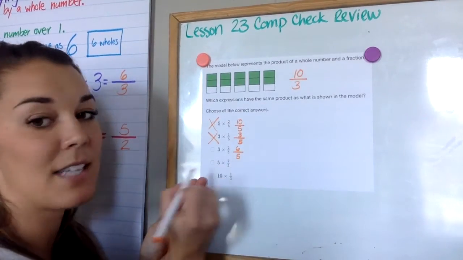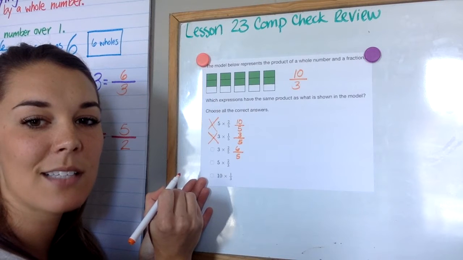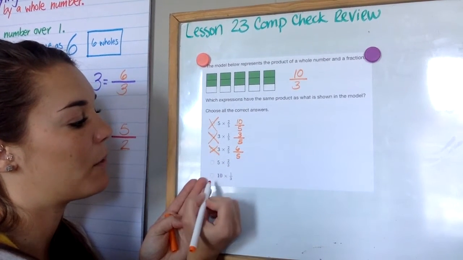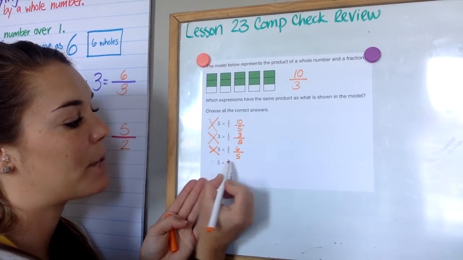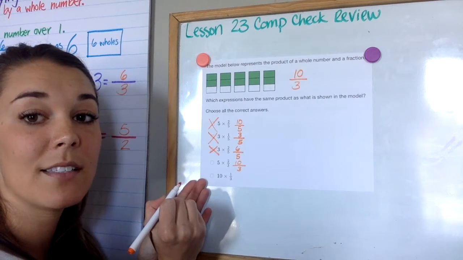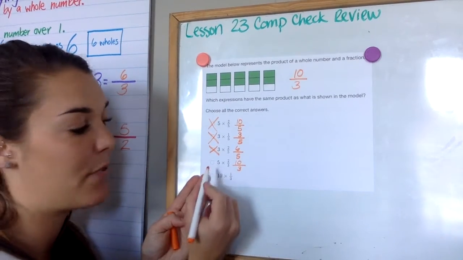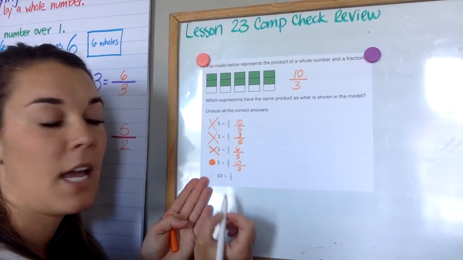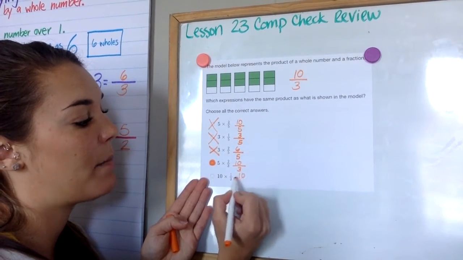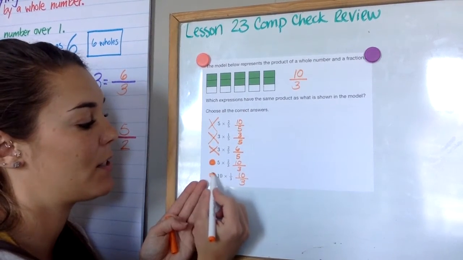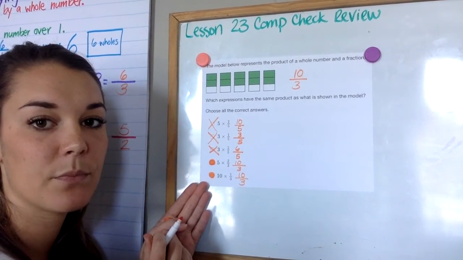My denominator stays the same at 5. 6/5. Nope. That's not right either. 5 times 2 is 10. My denominator stays the same with a 3. 10/3. That's the same as 10/3. So yes, this is a yes. 10 times 1 is 10. My denominator stays the 3. 10/3 is the same as 10/3. That's a yes too. Okay?